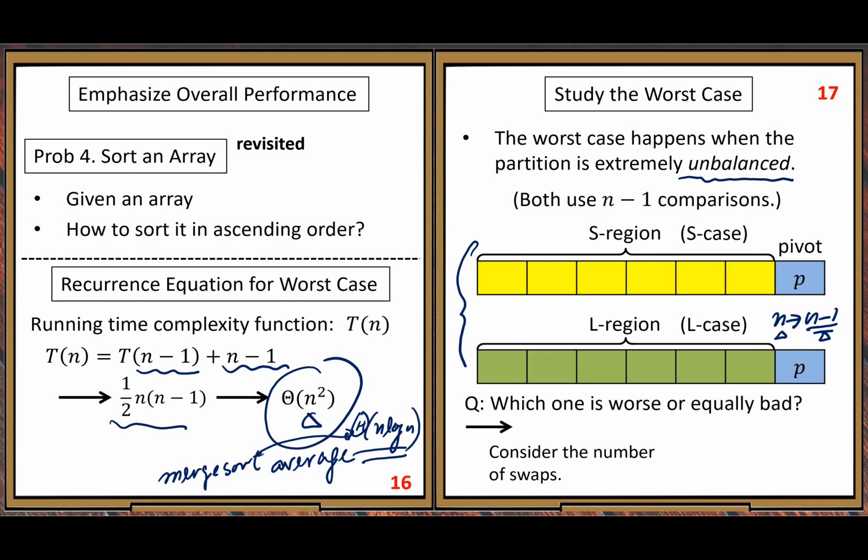At the end, we will see quicksort performs the best. In that way, we can say quicksort is the fastest. From experiments, not from asymptotic notation. From asymptotic notation, we cannot tell which one is faster.